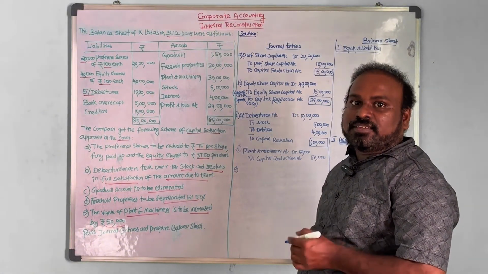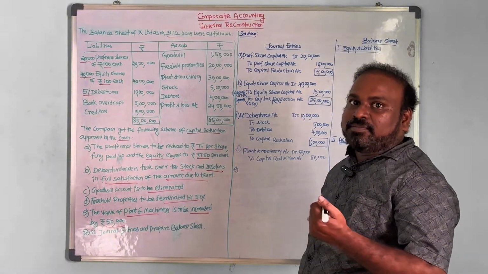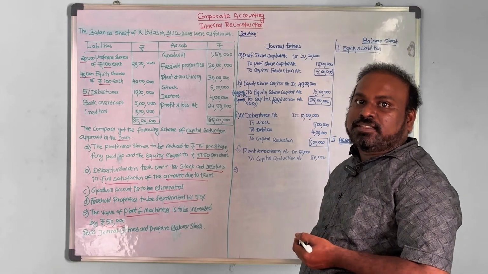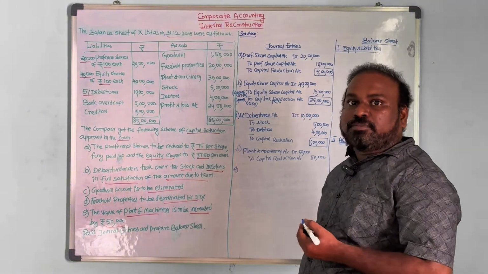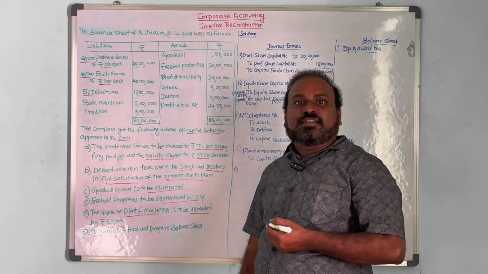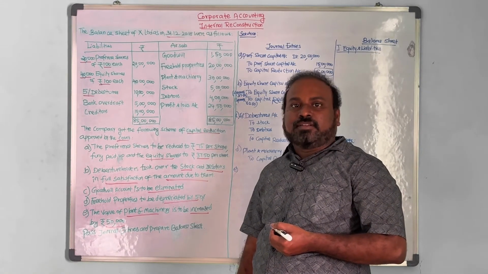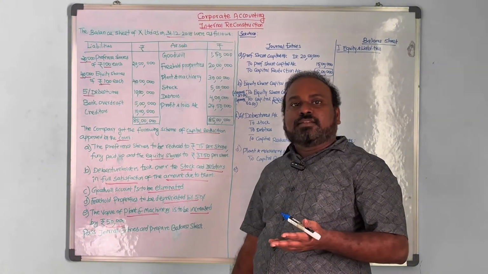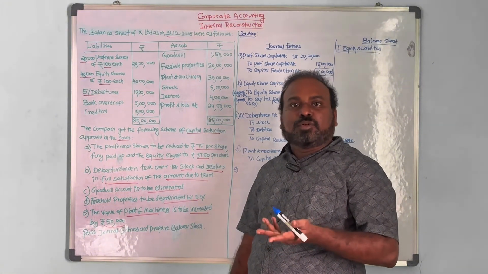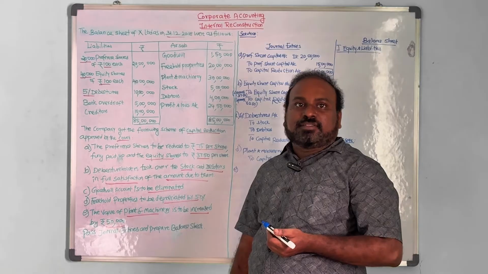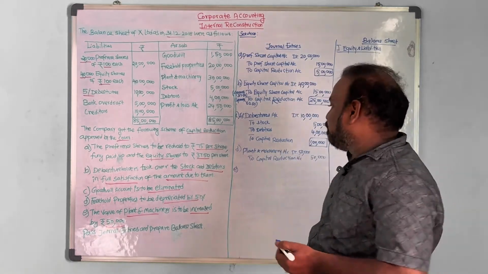Now, we need to write off first the fictitious asset, next the intangible asset, then if a fixed asset is depreciated, we have to write that off. If you are getting a balance on the debit side, we have to take it as goodwill. If you are getting a balance on the credit side, we have to take it as capital reserve. If there is no balancing figure, you need not bring goodwill or capital reserve. Sometimes it will tally.